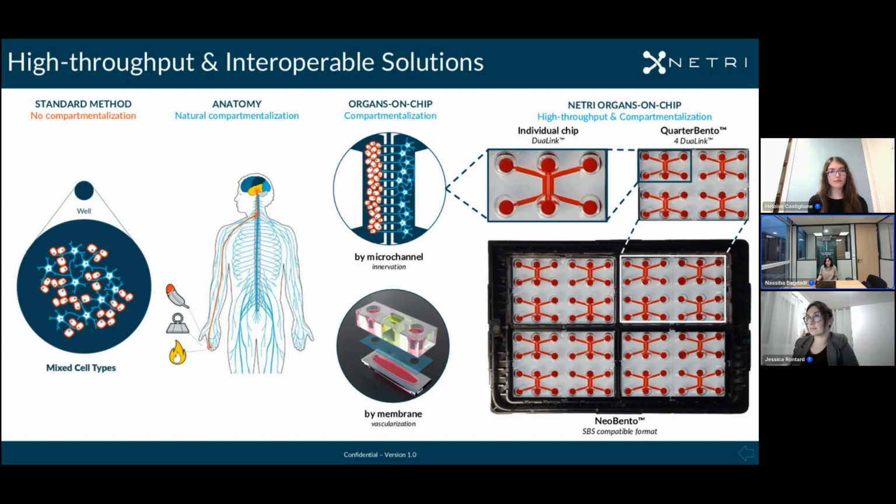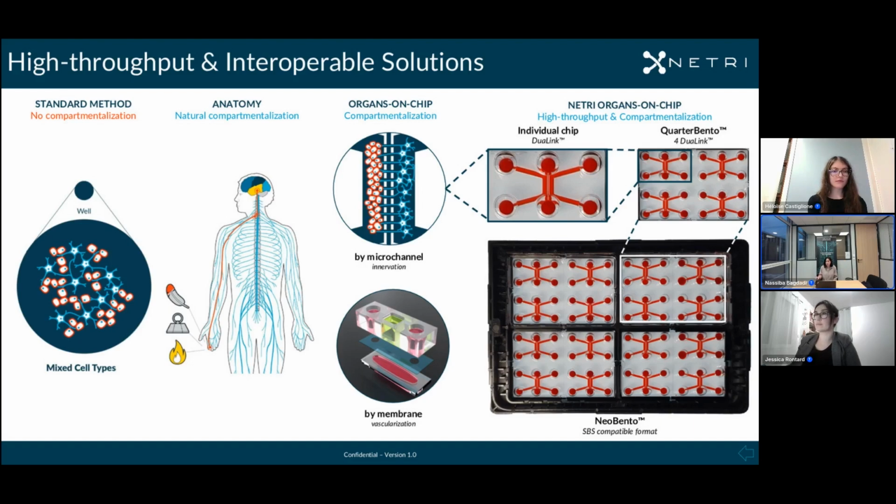And so these chips come in a 96 well plate format. And this system works for 2D cultures. However, we have launched recently an early version of a chip that is specific for 3D cultures. It's what you see in the middle down below, which is a system with a membrane.